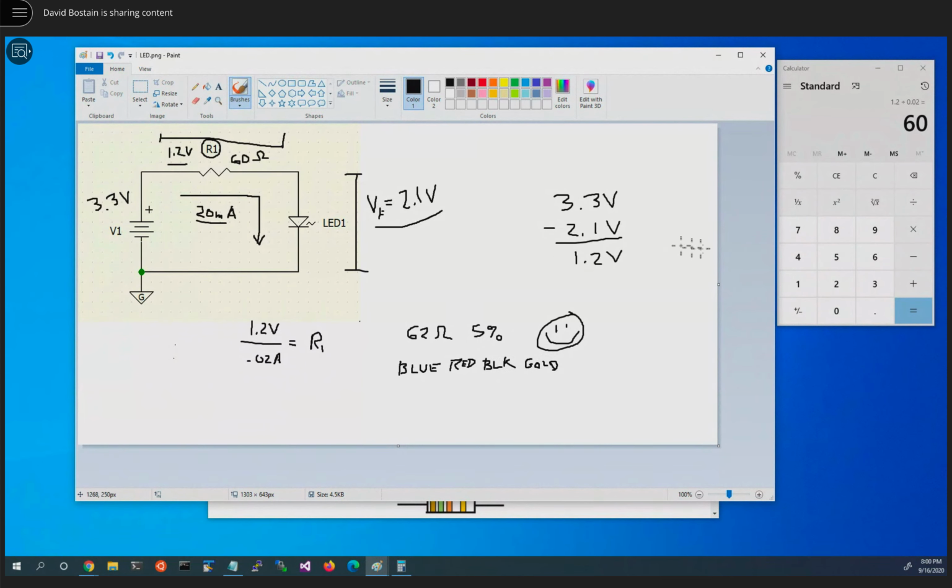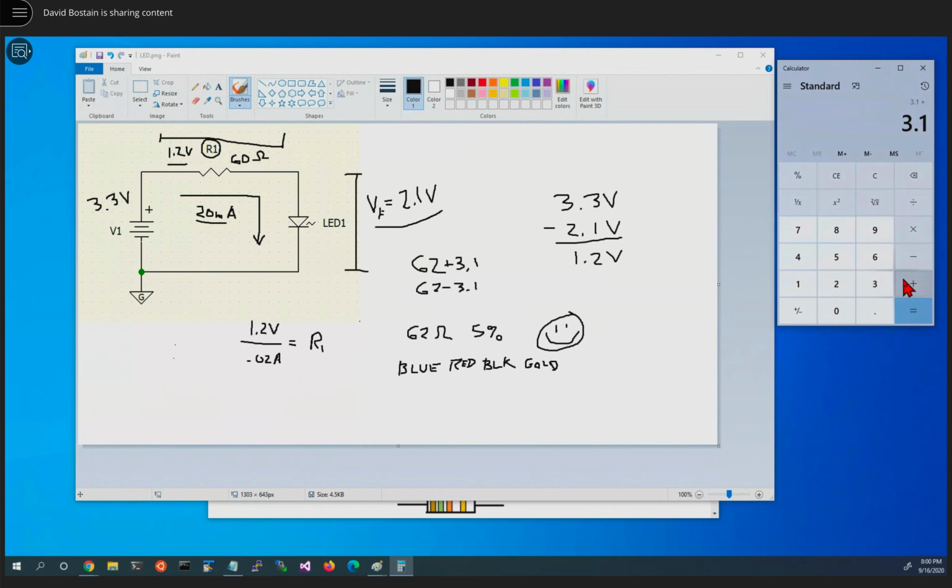So 62, let's find out what 5% of 62 is. 62 times 0.05 equals 3.1. That doesn't sound like we're going to have too much problem adding those up. So 62 plus 3.1, and 62 minus 3.1.